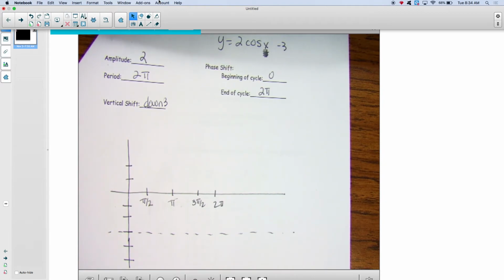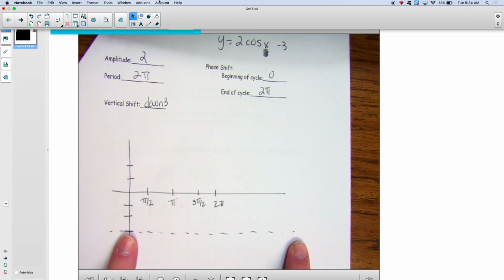When I do vertical shifts, I draw this dotted line here, and I pretend this is my origin. So where does cosine start?